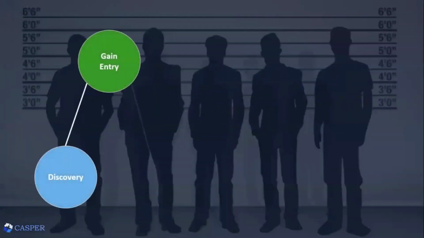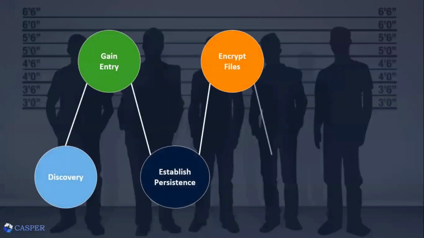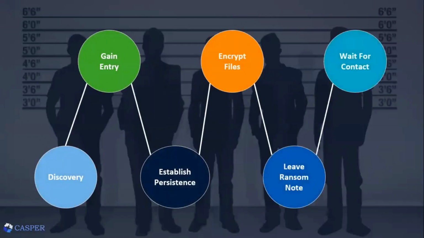Now we're going to look at the end-to-end chain of how a ransomware attack works, from the beginning point to the end point, just like from the egg to the larva, then caterpillar, butterfly. It starts with the discovery stage, where the threat actor tries to know who they are going to be attacking. They do their research and understand the infrastructure, whether it's an on-prem workload or a cloud-based one.